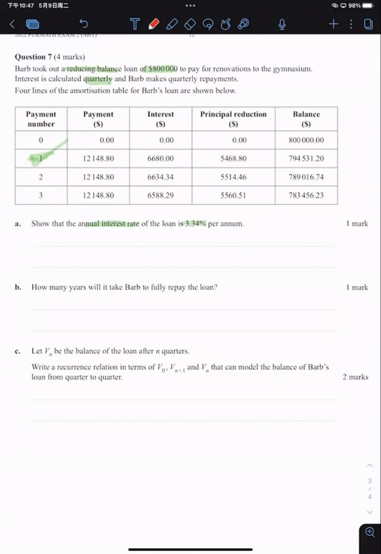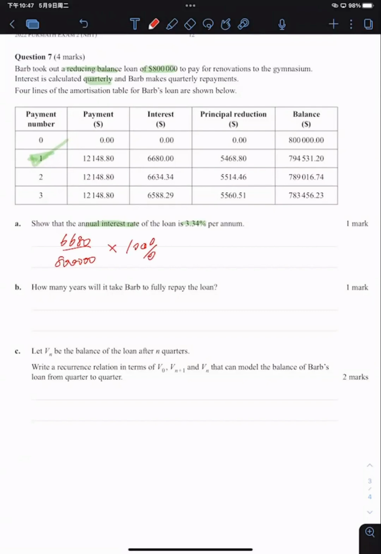Where does the first interest come from? That is the initial value, the principal, multiplied by the interest rate. So we can take the interest divided by the original principal, which is 800,000, multiply by 100%, and that is just the quarterly rate, because we compound quarterly.